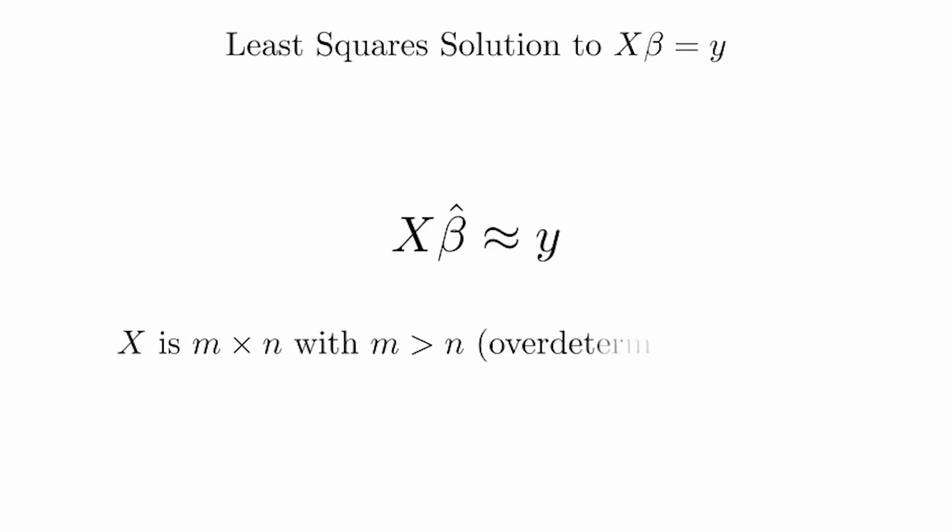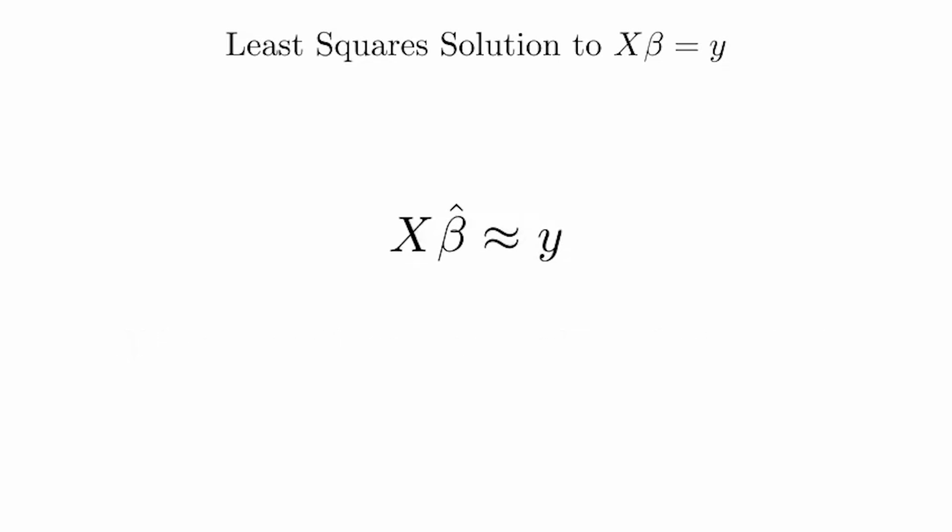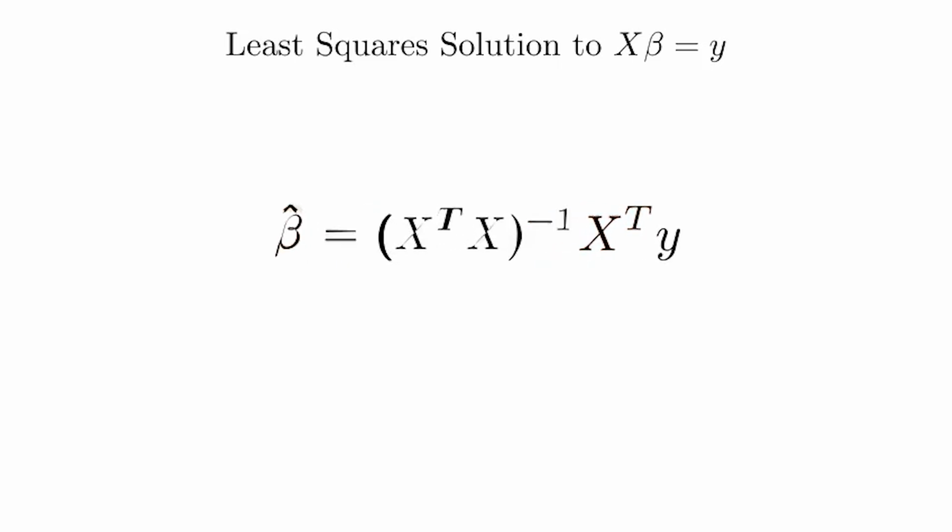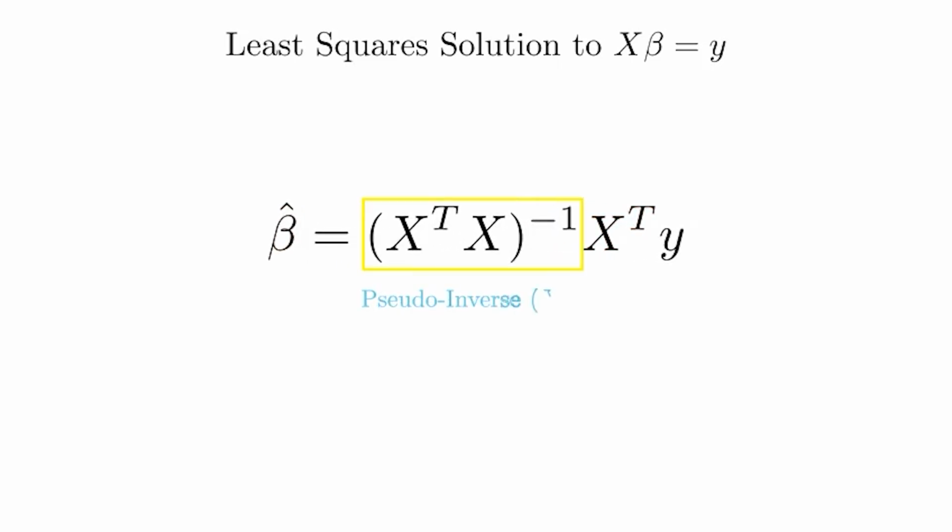In the sense of matrix notation, we have an overdetermined system and we want to solve it. It's a rectangular system, so we want to convert it into a square system by multiplying by its transpose. Now we can easily take the inverse. This complete part is called the pseudo inverse.